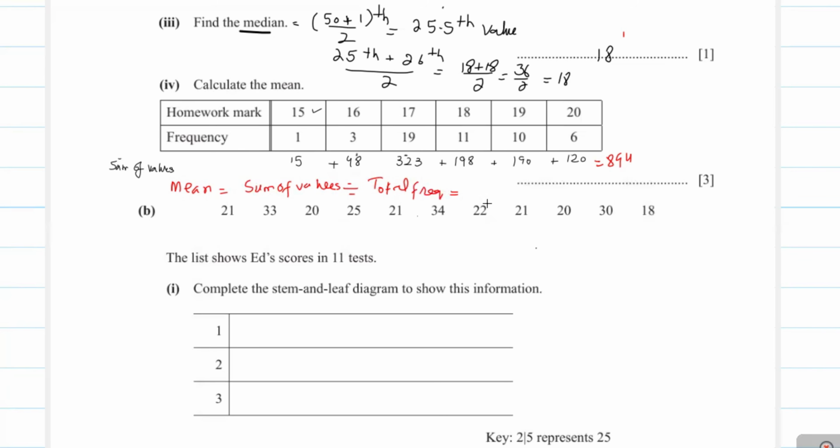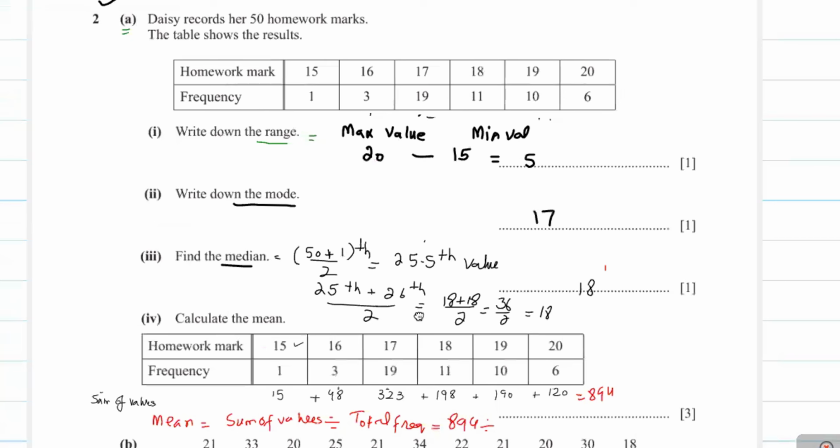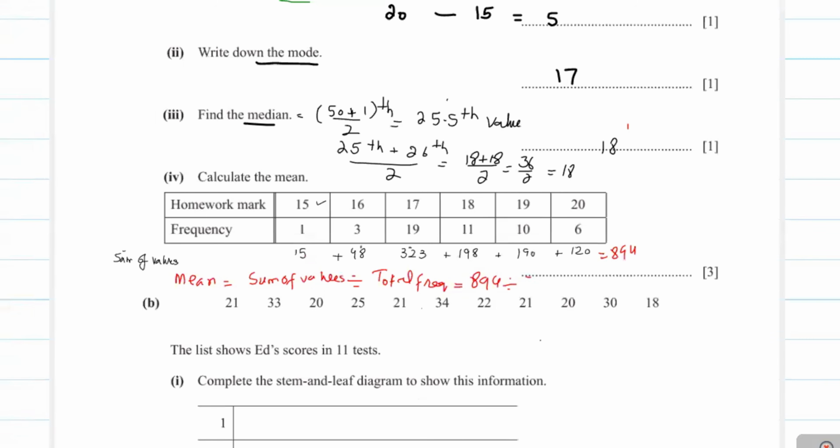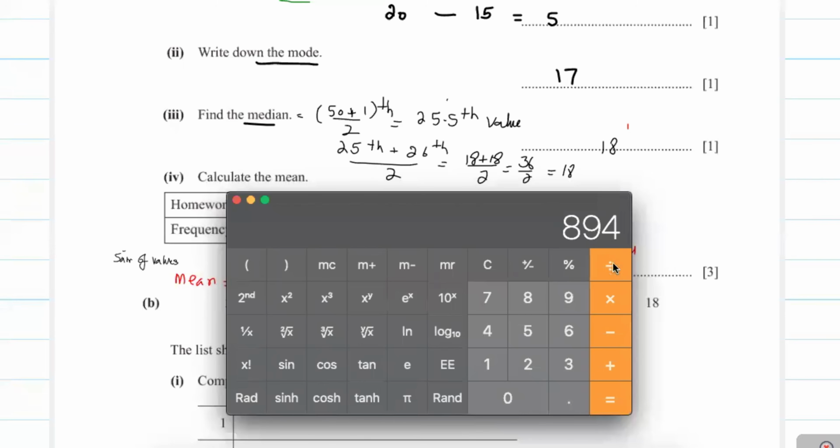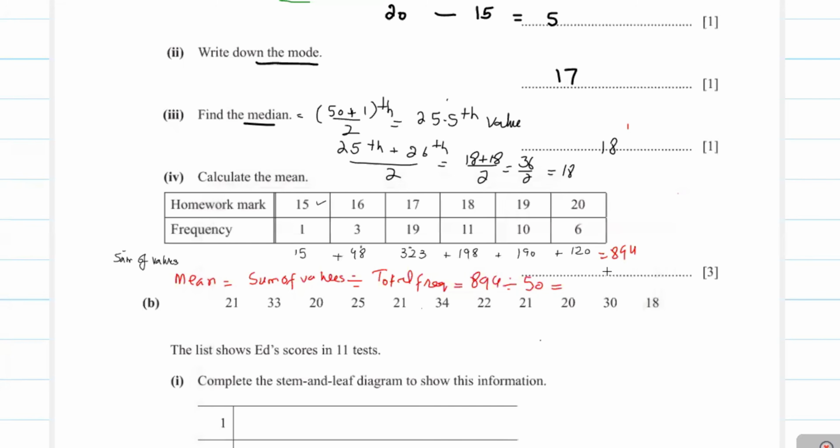Here the sum of values is 894, divided by the total frequency, which is 50. So the answer is 894 divided by 50, which is equal to 17.88, and to 3 significant figures, it becomes 17.9. This is the mean of the data.